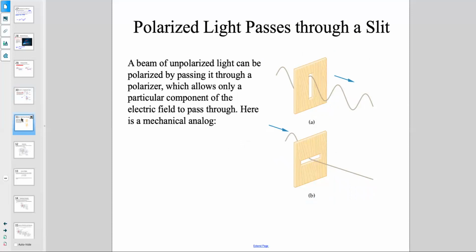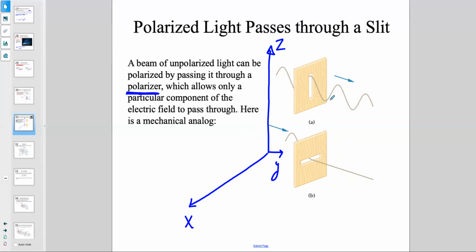A beam of unpolarized light can be polarized by passing it through a polarizer, which is like a filter, which allows only a particular component of the electric field to pass through. So if I have this filter pointing in this direction, let's say this is the Z direction, this is the X direction, and this is the Y direction. Let's say I have put my polarizer along the Z direction.